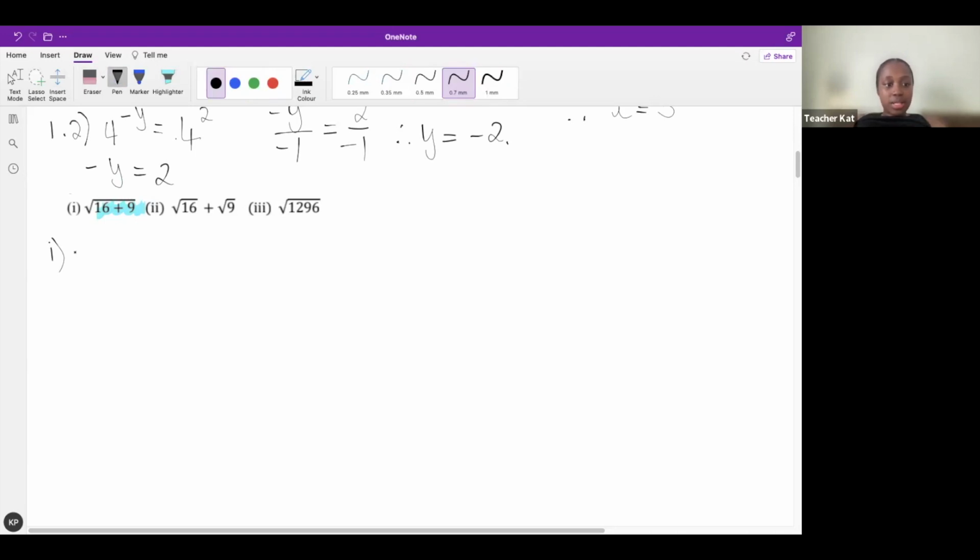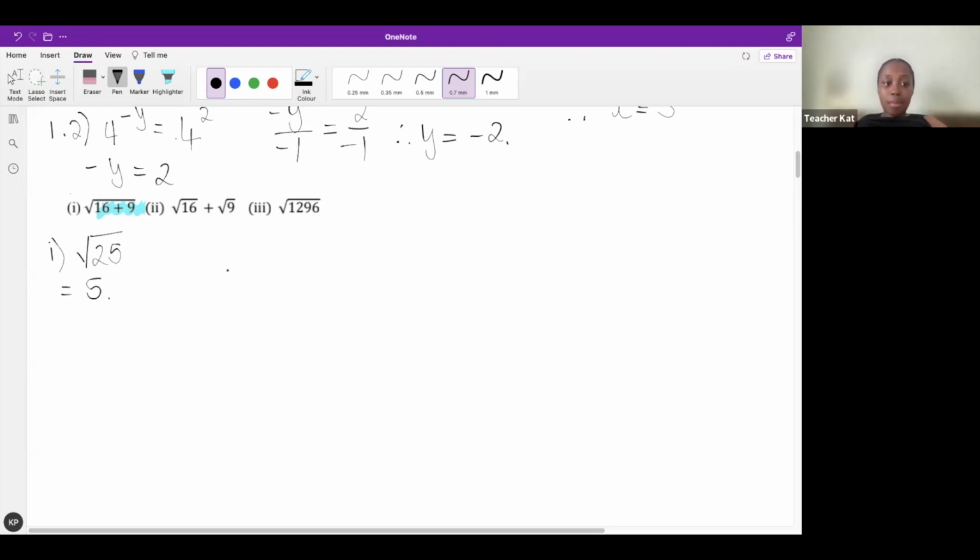So I'm going to leave the square root here and I'm going to say 16 plus 9. How much is that? That's 25. So now I'm left with the square root of 25, which gives us an answer of 5.